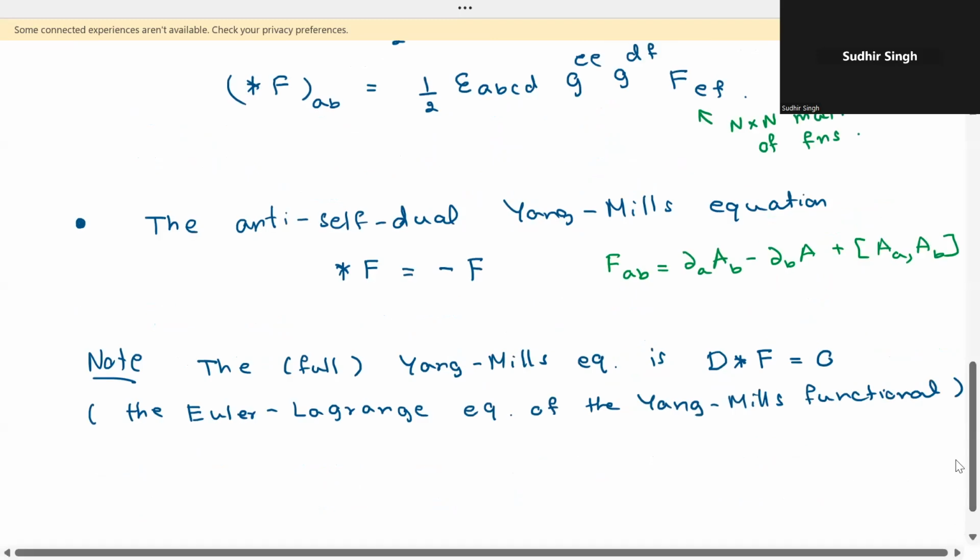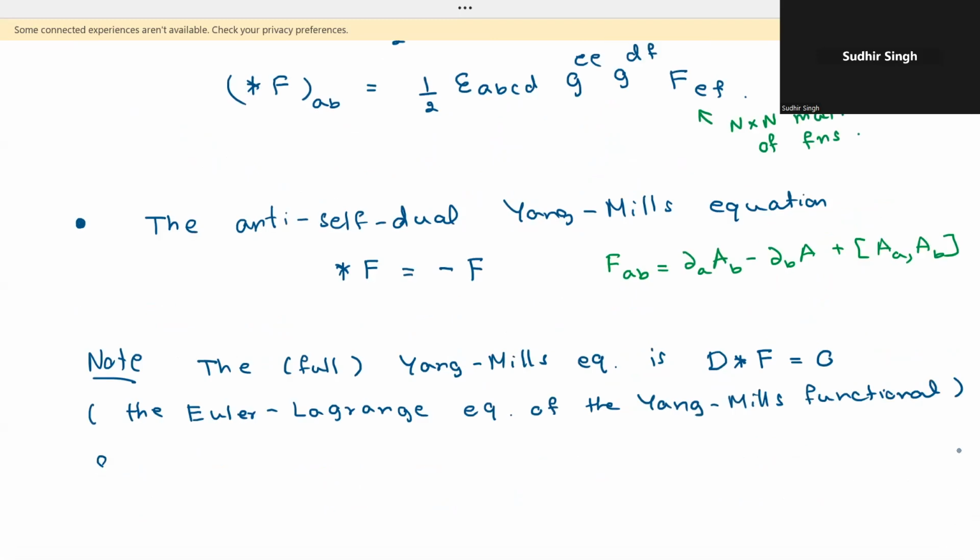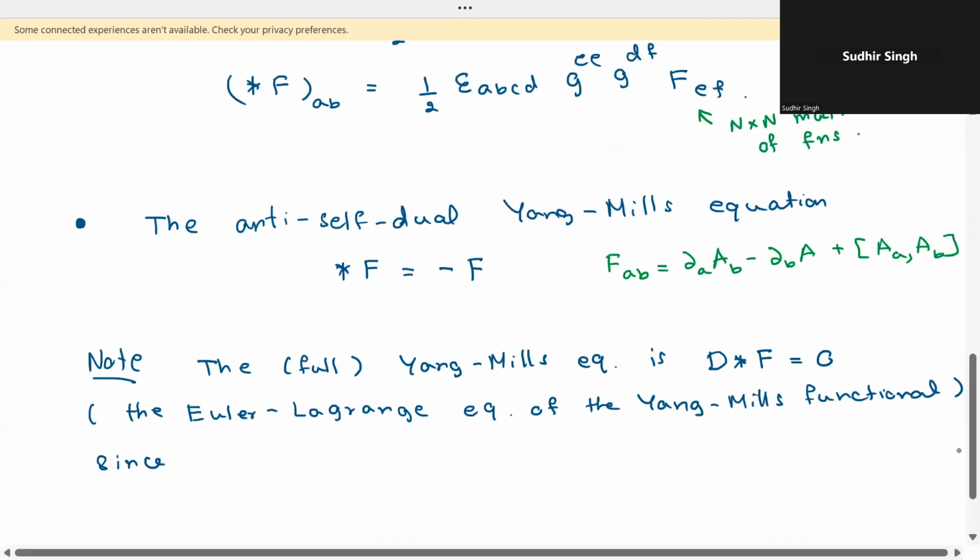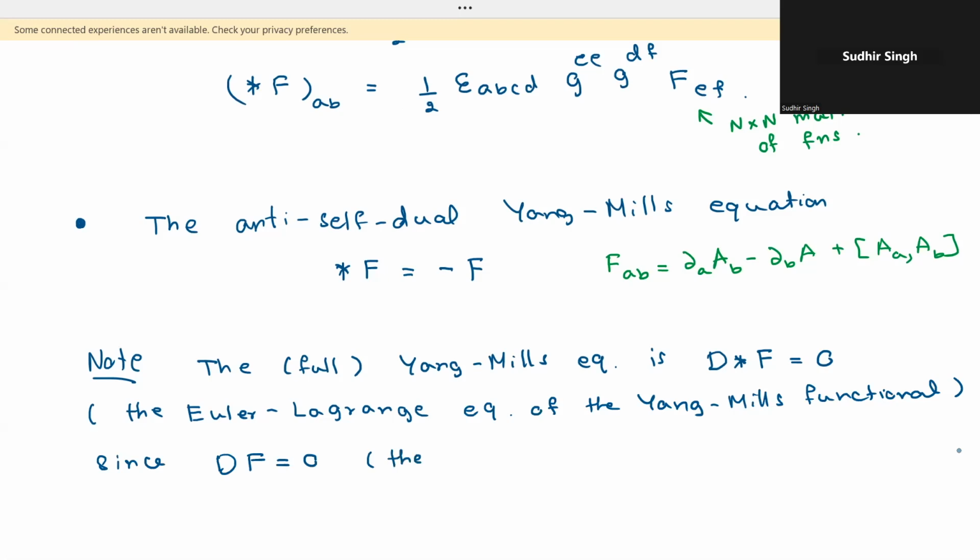Okay, but now we know the Jacobi identity, which we had before, that dF is 0. This is true for any connection.